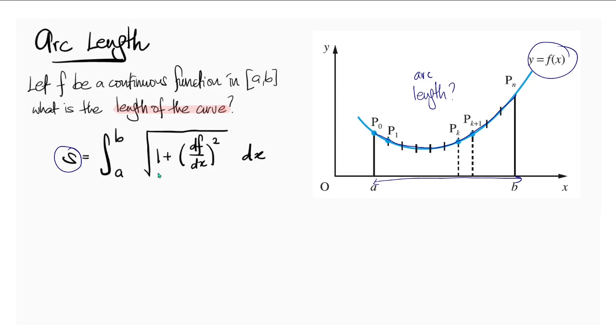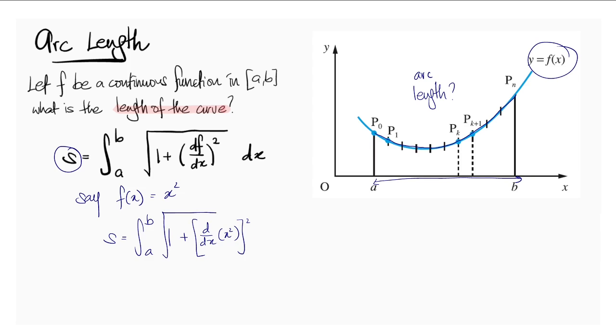The formula is this. So for example, let's say f of x is defined as x squared. What is the arc length from a to b, for example? So I need to find the derivative of x squared, and then square that, and then take the square root of everything.